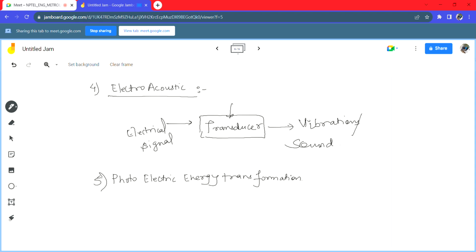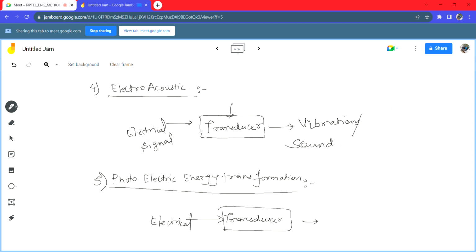Now what happens here is, we have some form of electrical energy here, and we are converting it into light related properties.